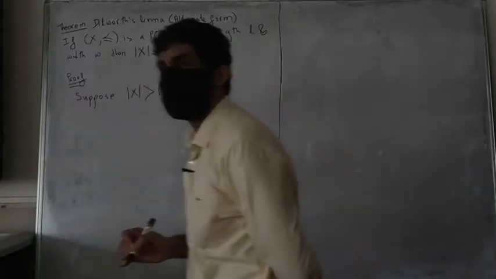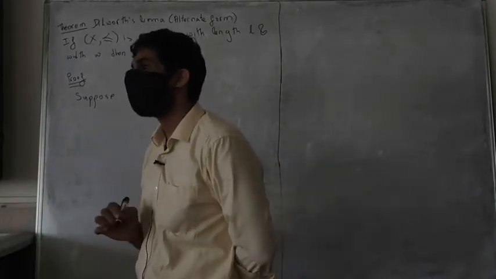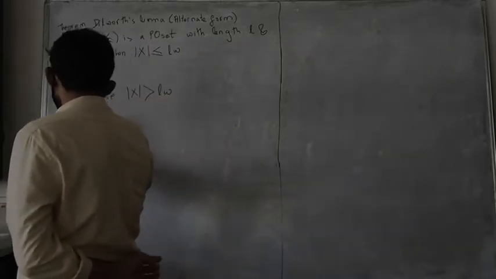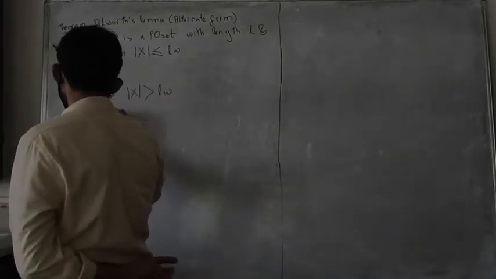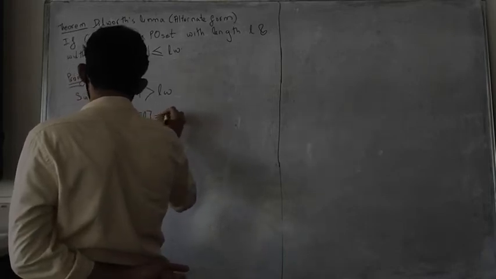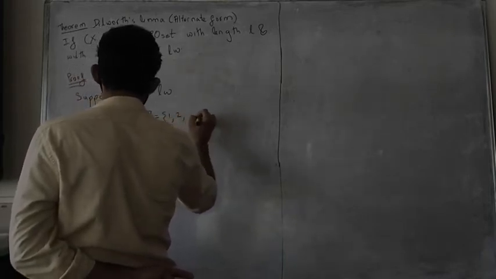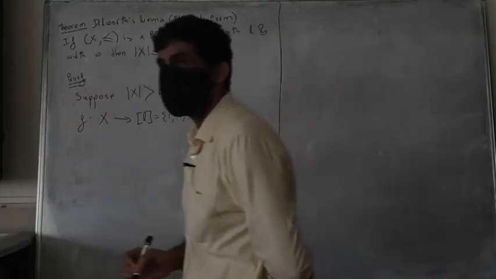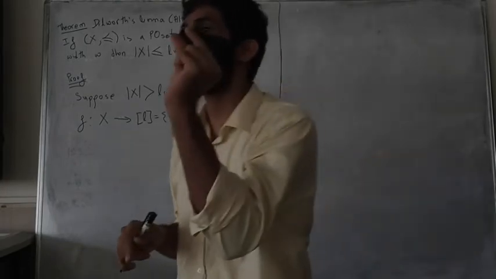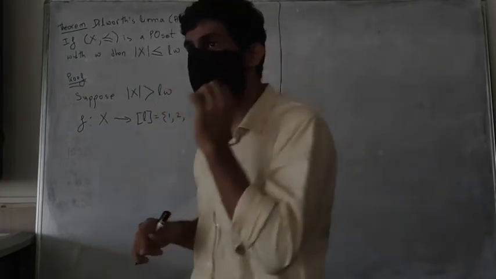We can define a similar kind of function which we have done in the previous form of the lemma. That is, take F from X to L, which is basically 1, 2 up to L, by taking every element to the length of the longest chain starting with that element. That's what we had done in the previous case.